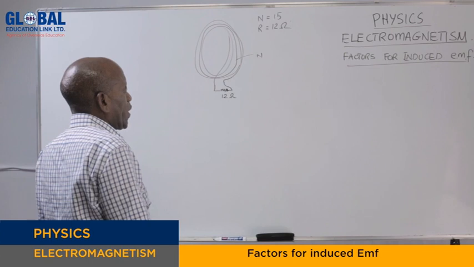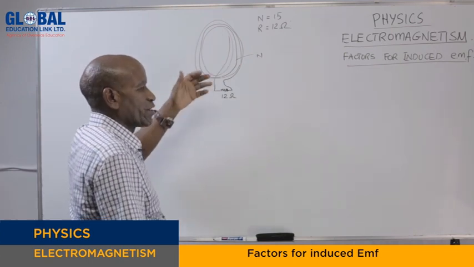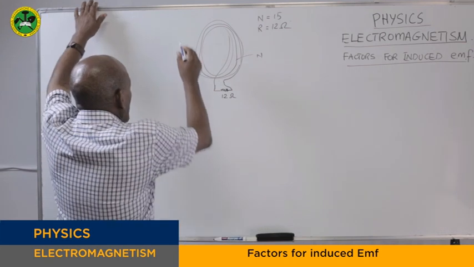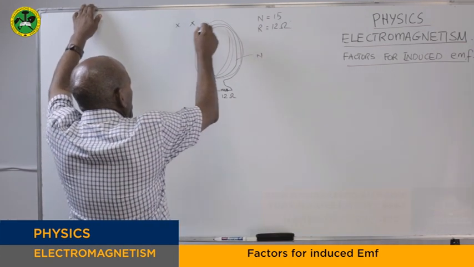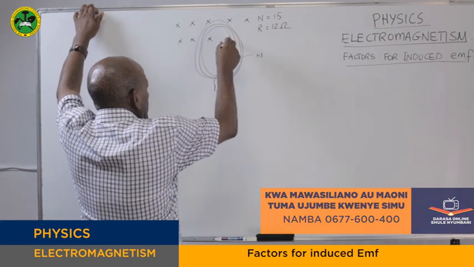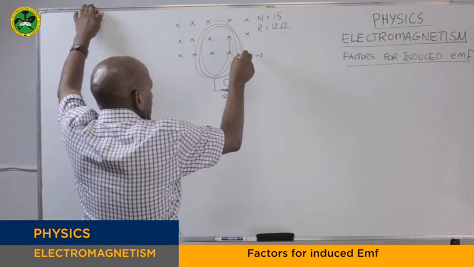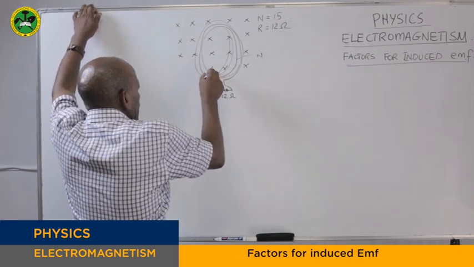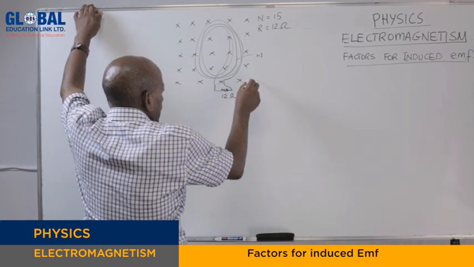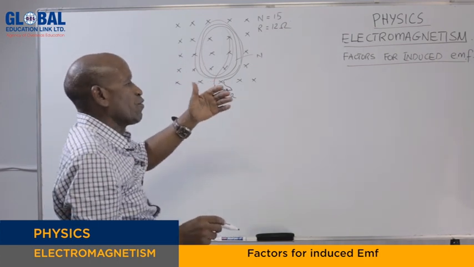And we take that this particular coil is made to oscillate in a magnetic field. It is made to oscillate across the magnetic field. So I can take the magnetic field to be perpendicular to the board here, so that the field is going into the board. So the coil is made to move across it.